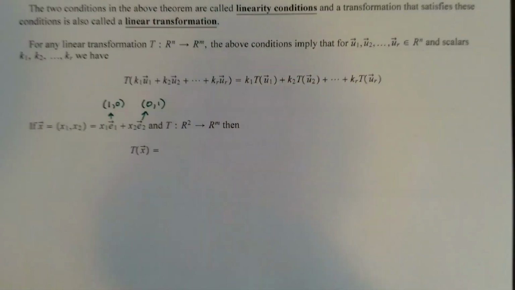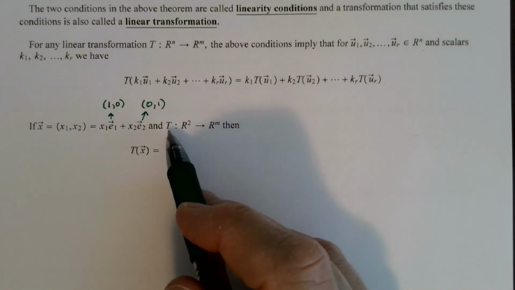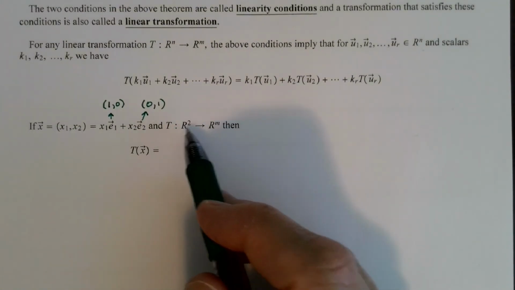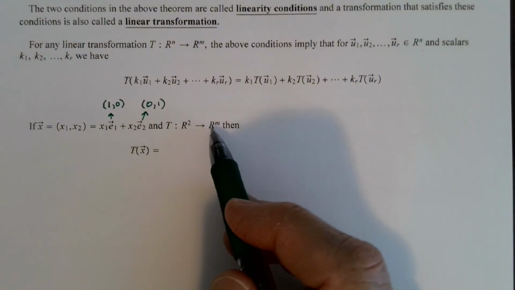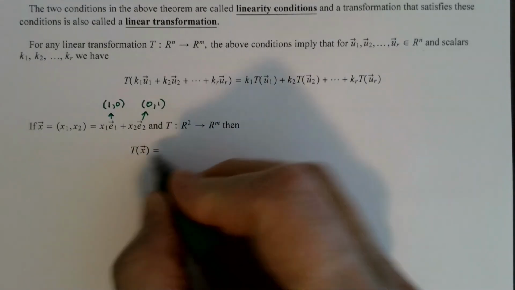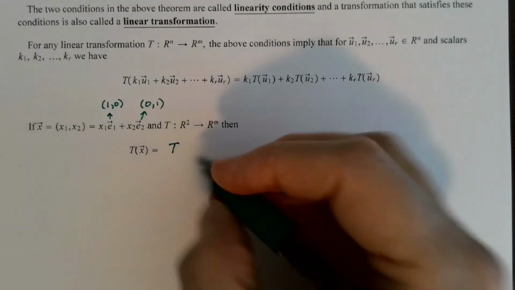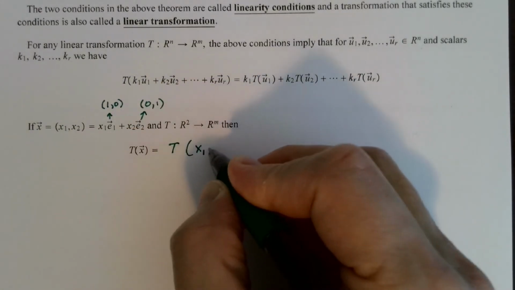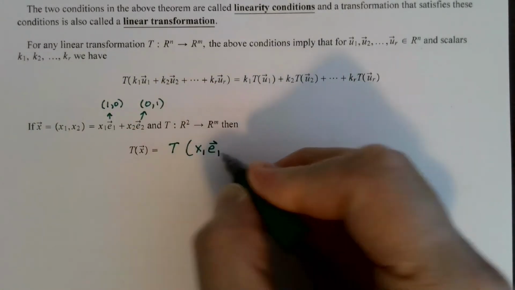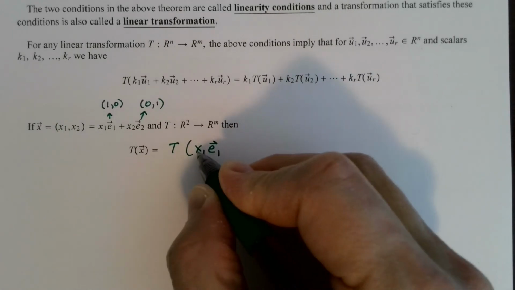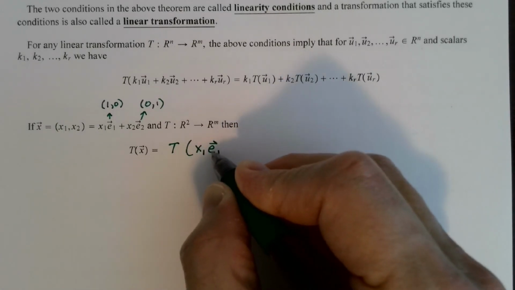I'm going to look at a transformation from 2 space to m space. Then T of x is going to be T of what? Well, x we said is equal to this linear combination, x1 e1 plus x2 e2. Notice the difference between x1 and e1: x1 is a scalar, e1 is a vector.